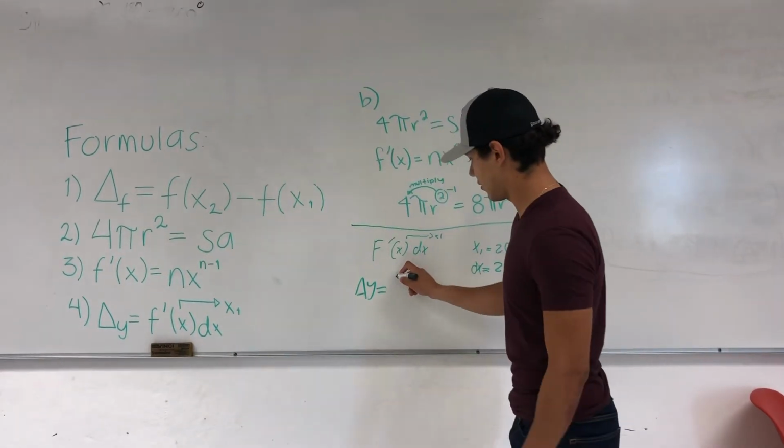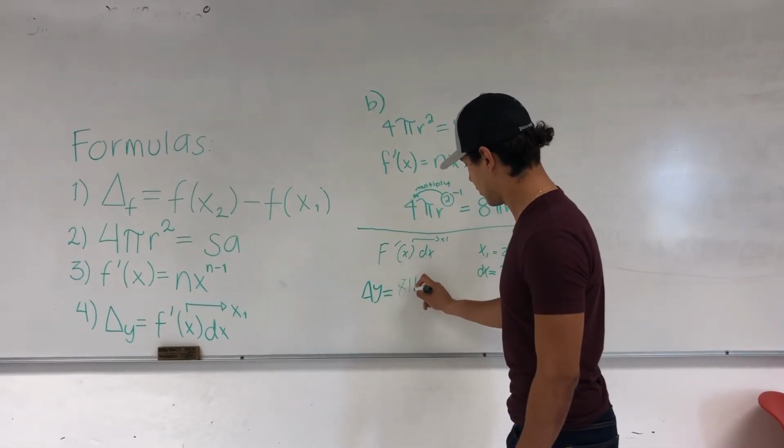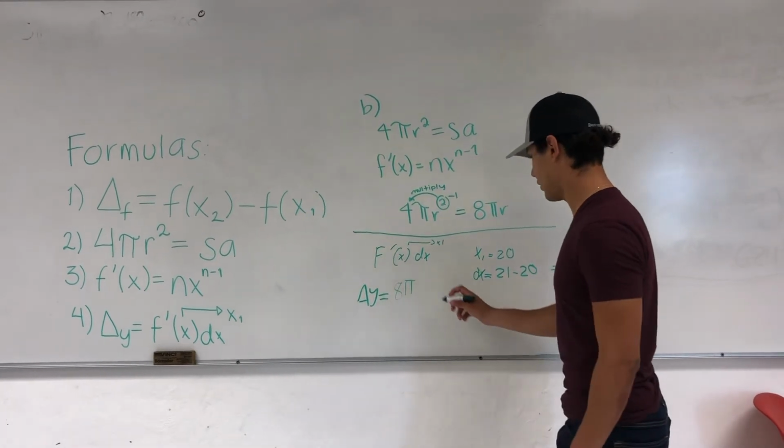Then we multiply this and we get the final value, which will be the approximate change in the surface area.